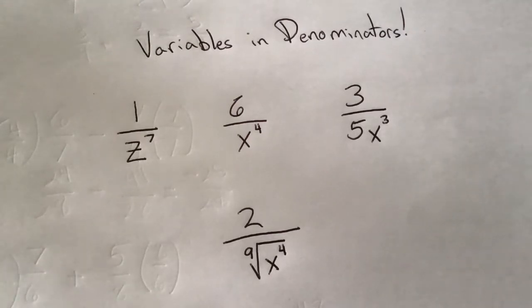So, without further ado, let's talk about these variables in denominators. Typically, if we see variables in denominators, it's really not any big deal. In Algebra 2, we're working with rational expressions, and it's not any big deal for variables to be in denominators.